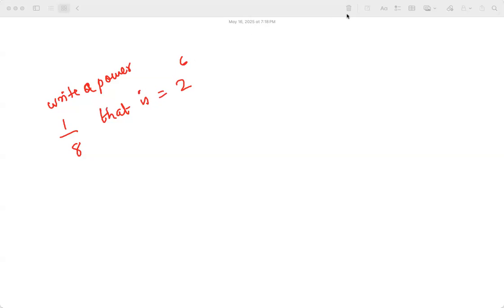Okay, it's the reverse. For a minute, I did not understand what was going on. Write a power of 1 by 8 that's equal to 2 power of 6. Try, otherwise I'll help you.